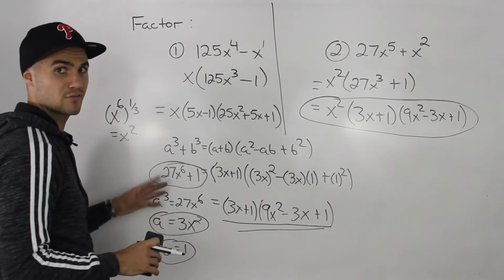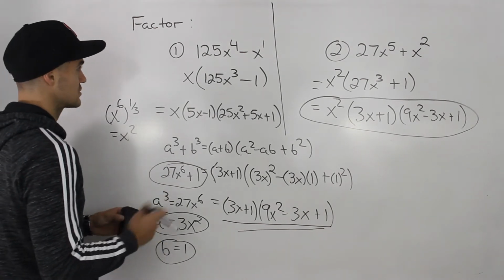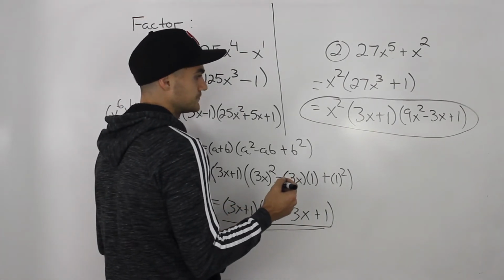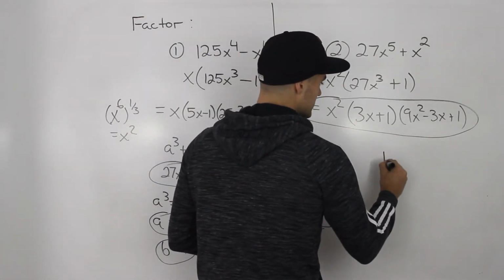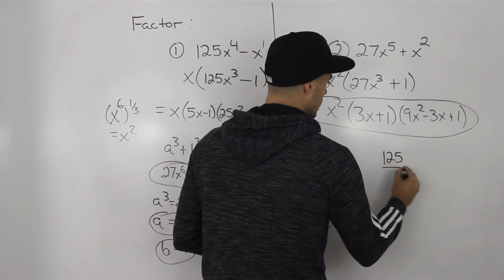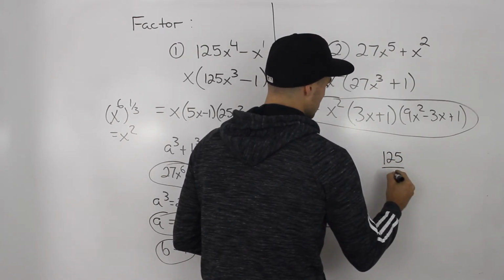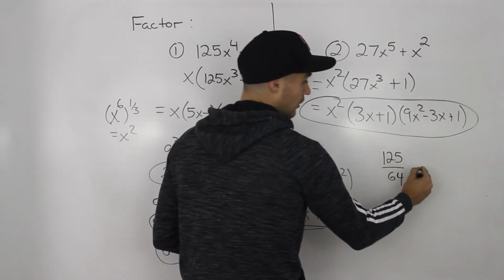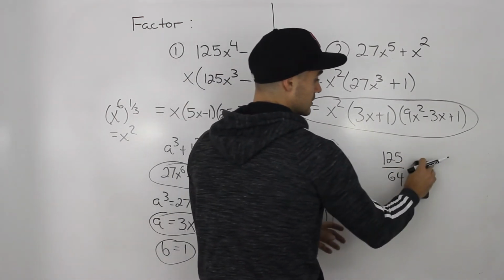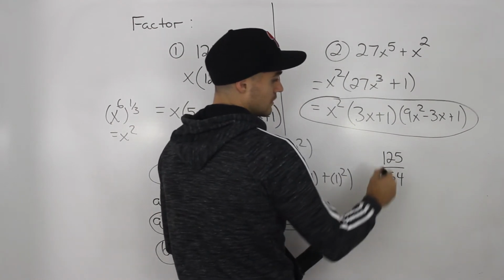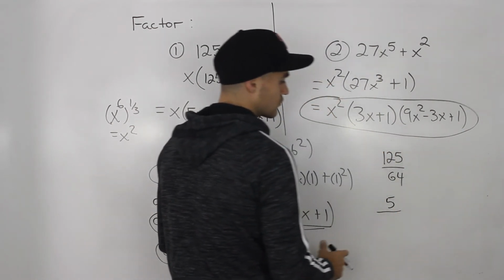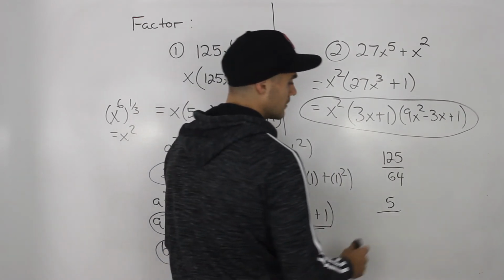Sometimes you could also have fractions, taking the third root of fractions. So let's say you had a fraction like, I don't know, 125 over 64, and you have to find the third root of that. Well, the third root of the numerator is going to be 5, and the third root of the denominator is going to be 4.